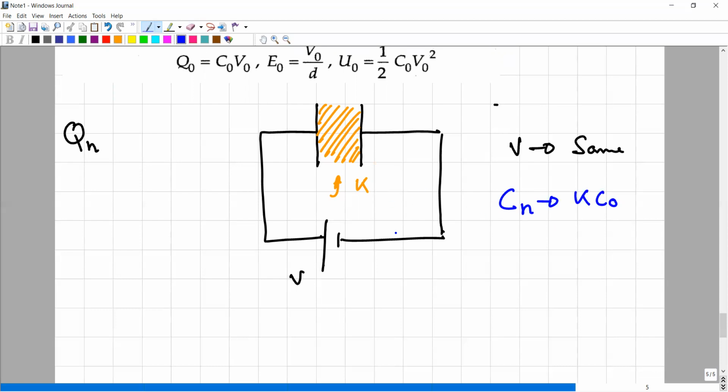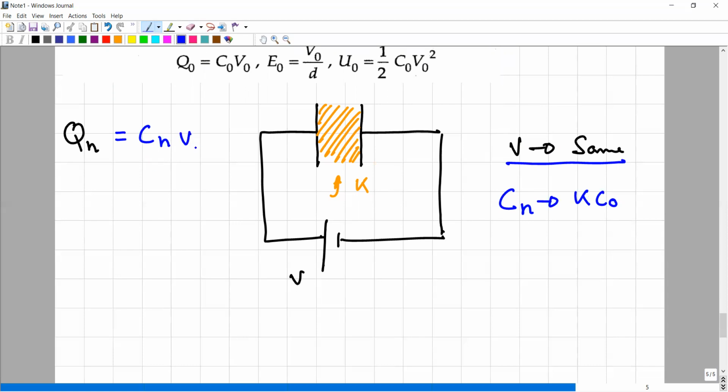After inserting the dielectric, this will be my value of the capacitance. Potential remains the same, we have discussed this. So what will be the new charge? The new charge will be the new capacitance times the potential.